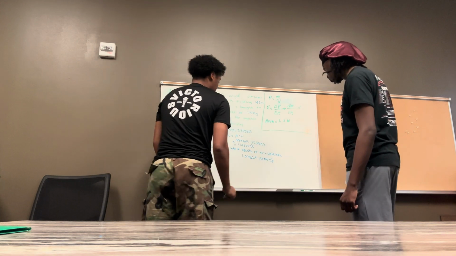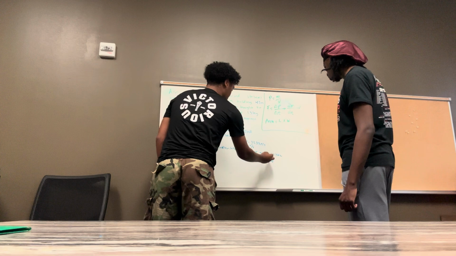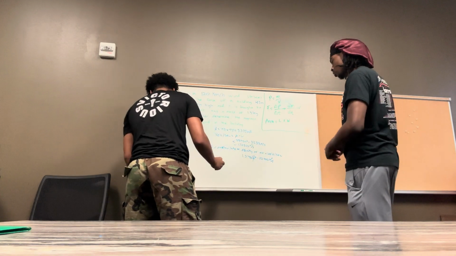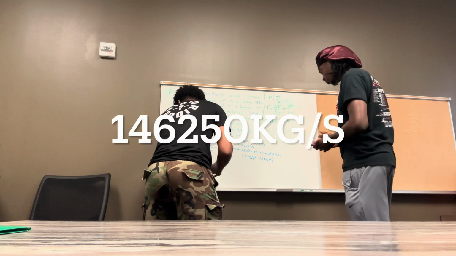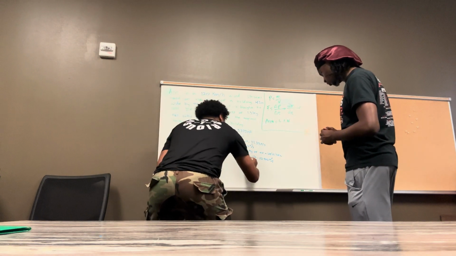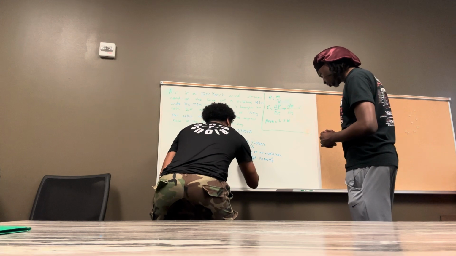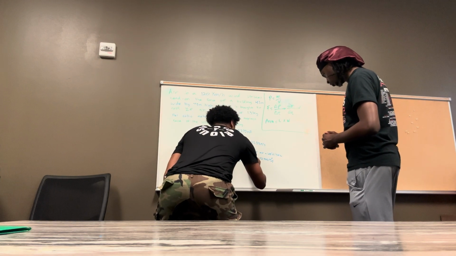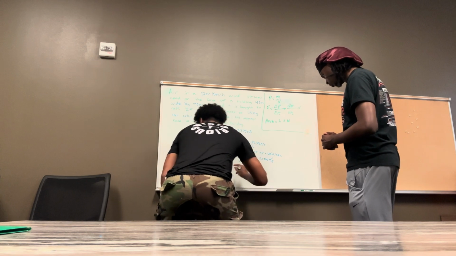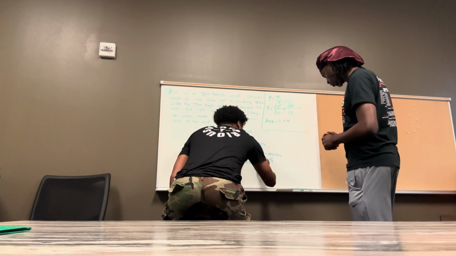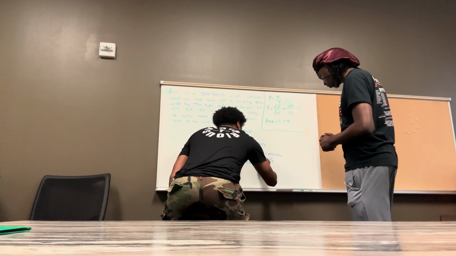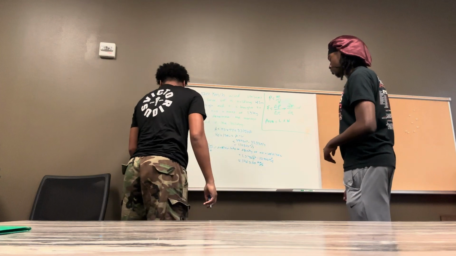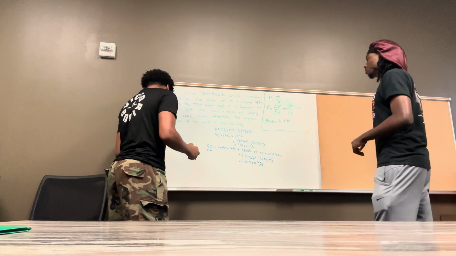We know that the m cubed cancel out, and what we are left with is our total, which is 146,250, and our unit is of course kg over s. So we found our mass flow rate.